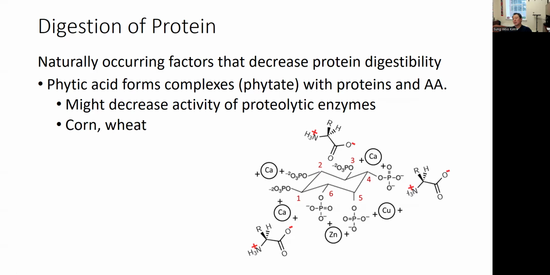Especially the amino group on the R group of an amino acid like lysine can be attached to the negatively charged phosphoric acid, and that will block the action of trypsin, which cannot find the lysine, as an example. Right? So that will reduce protein digestion, and we have research papers proving that. Okay? That's showing that phytic acid is causing reduced protein digestibility.